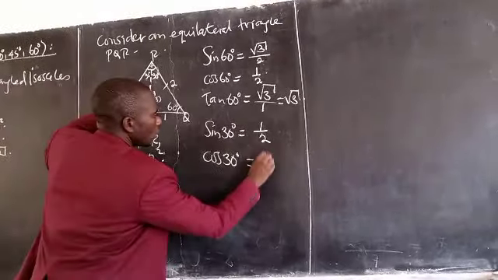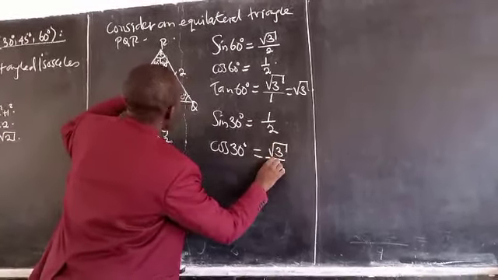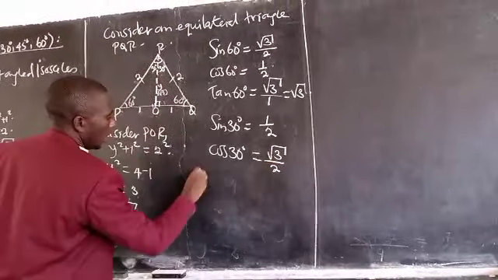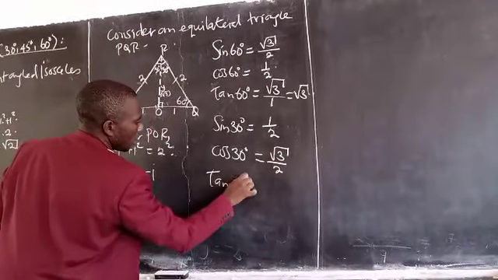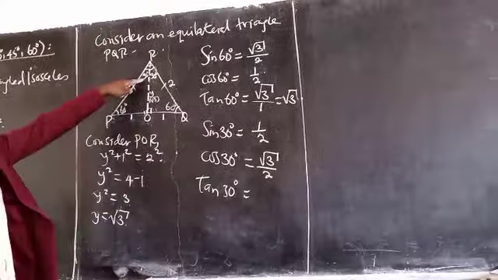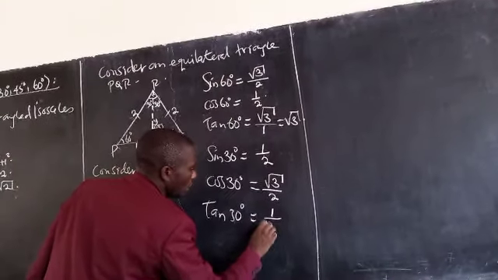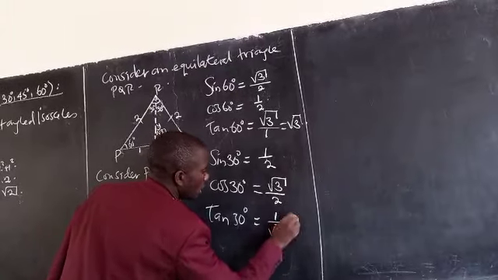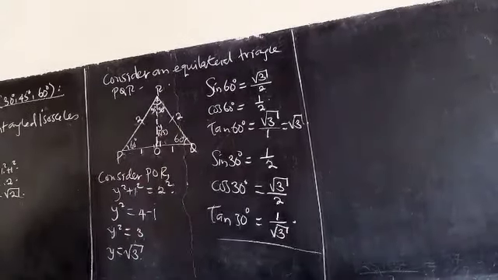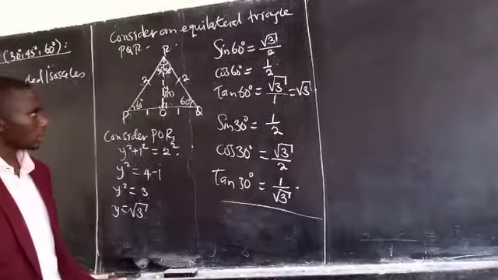Adjacent is root 3. Hypotenuse is 2. And tan 30. Opposite over adjacent equals 1 over root 3. We can convince ourselves that we have it all.